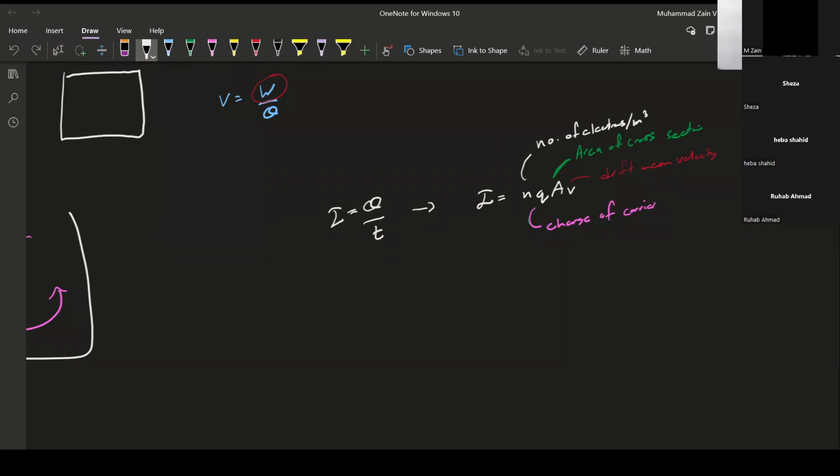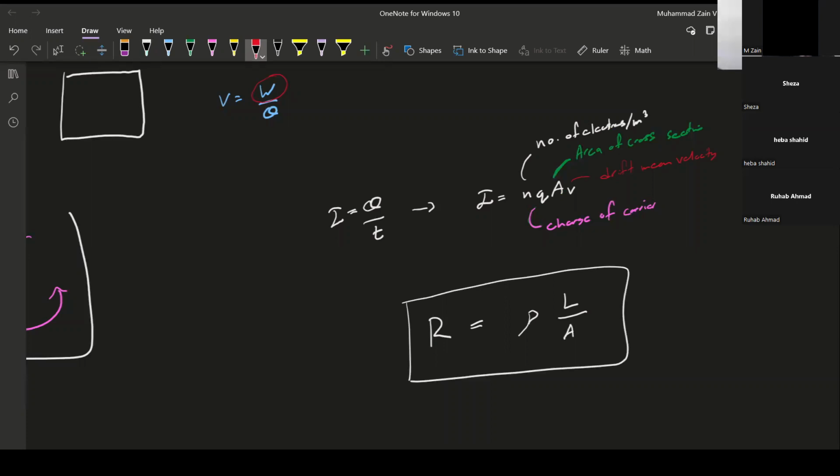The last thing which I would like to recall is the formula for resistance. Resistance equals the resistivity times length divided by area. This is the resistivity, and this resistivity is specific to a material at a given temperature.